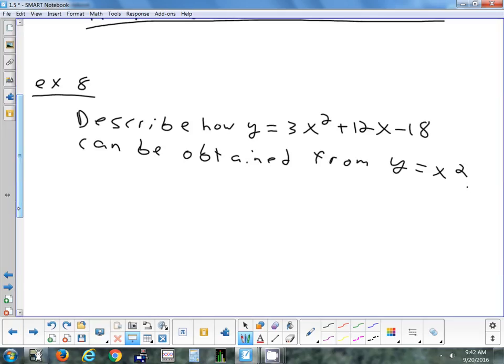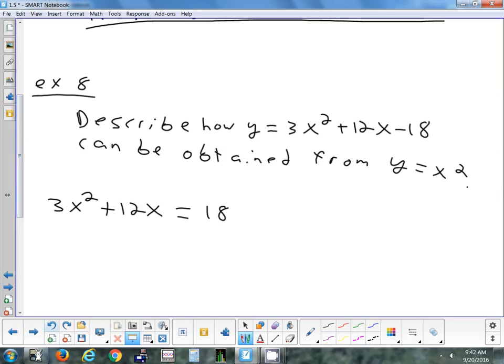First step when you're completing the square is to get the equation equal to 0. Get the equation equal to your constant. So step 1 is put the constant on the other side by itself. So I have 3x squared plus 12x equals, and I just added 18 to the other side. Think of this right now as a 0.